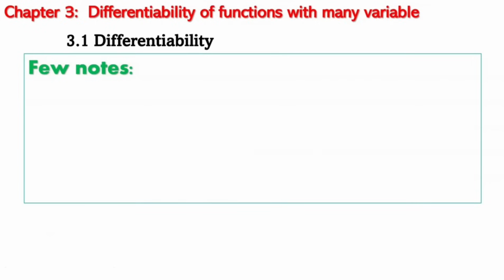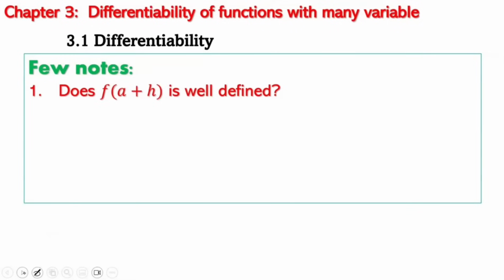Now we give a few notes about these notations. We say that f(a + h) can be expressed in that form, but the first question that arises is whether f(a + h) is well defined. Let's see.